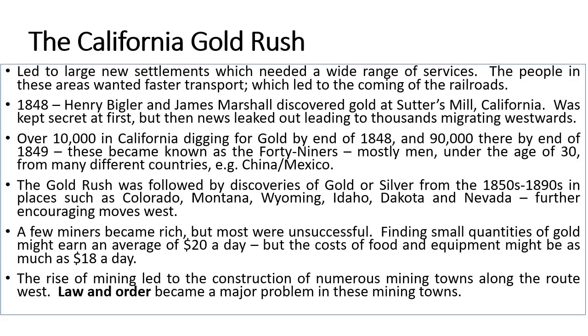We get, I think by about 1846, so 2 years before the discovery of gold, about 5,000 people have gone across the Oregon Trail into the West. During 1849 alone, there's about 90 to 100,000 people that have moved into California, many of whom have crossed the Oregon Trail.